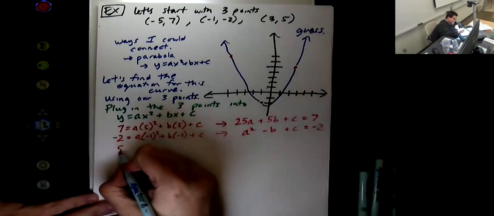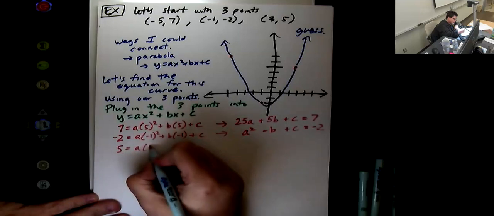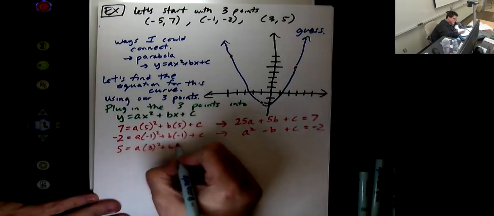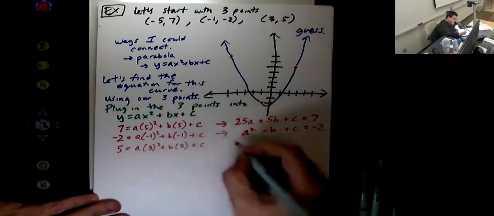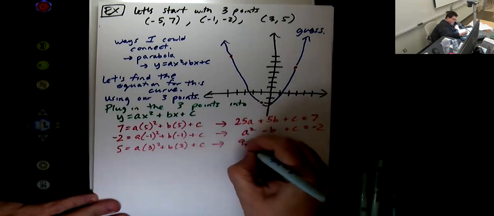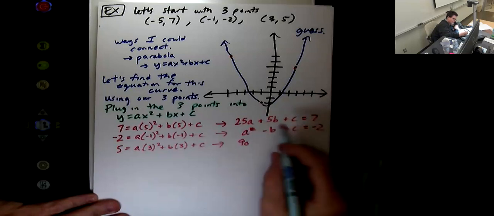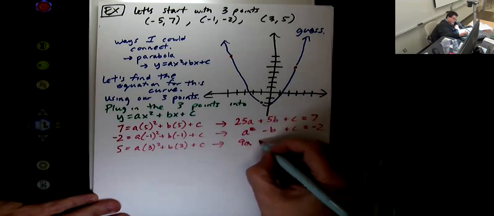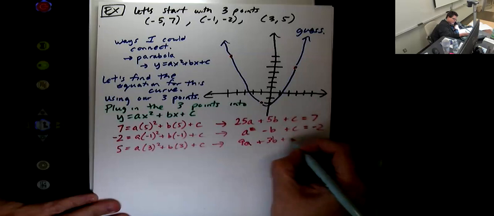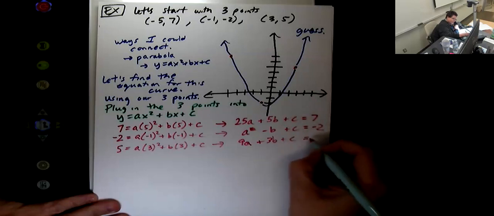Finally, if I plug in the last one, I get 9a plus 3b plus c equals 5. That was a minus b; a wasn't squared.